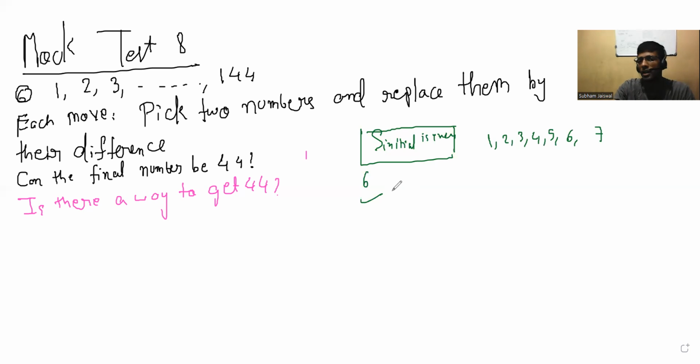Yeah, so how do you get it? Tell me. So you're going 1 and okay. Okay, 6 and 6.